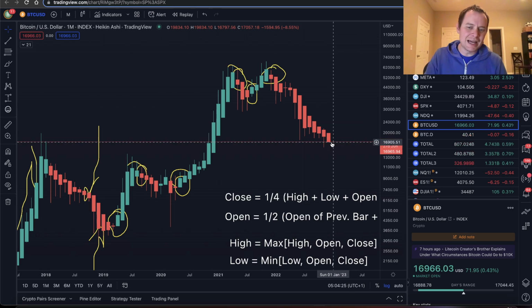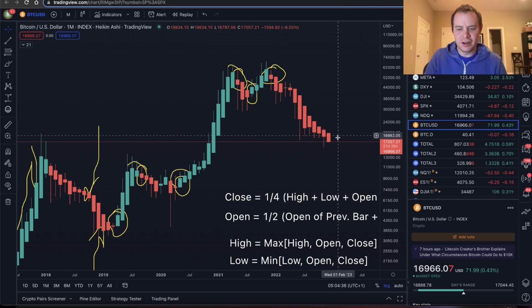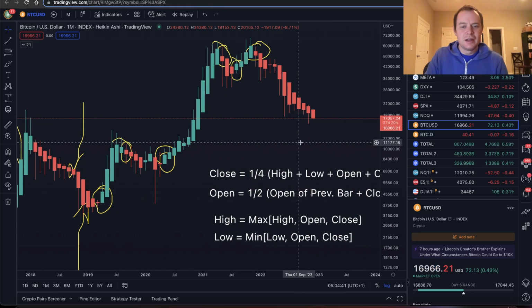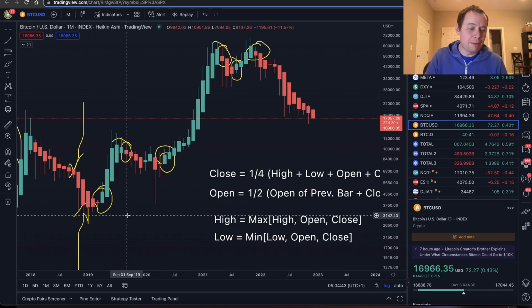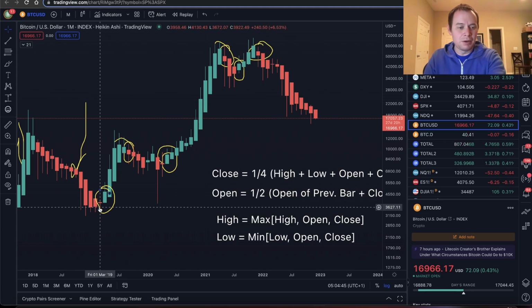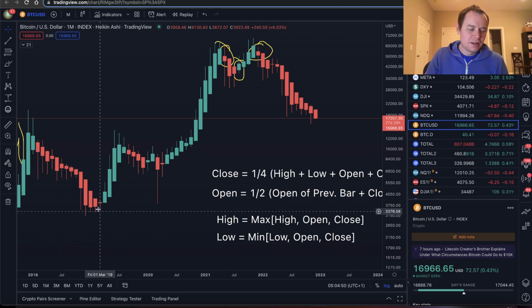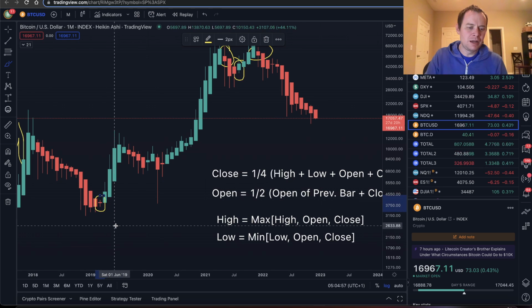So as long as we don't close above the midpoint from the prior candle, right? As long as we don't close above that, then we're still looking at a fairly bearish Heikin-Ashi candle, right? Now, if you go look at what happened in the 2018 bear market, you will notice, in fact, that the candle before we actually turned green, we did see an upper shadow, right?